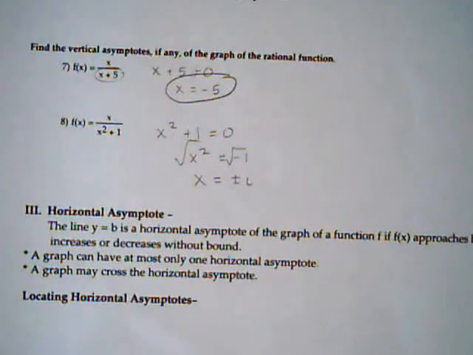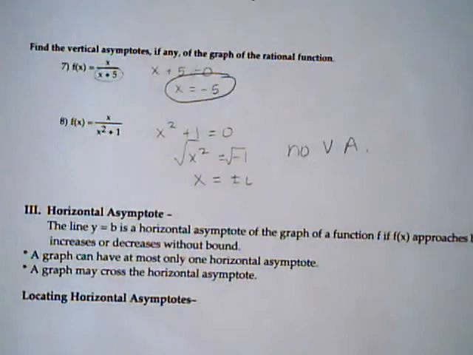Okay, just like what we talked about earlier, as far as getting an imaginary number, this would mean that we would not have a vertical asymptote at this value because it's not a real number. Okay, so we'd say because it's not a real 0, there are no vertical asymptotes for this graph.